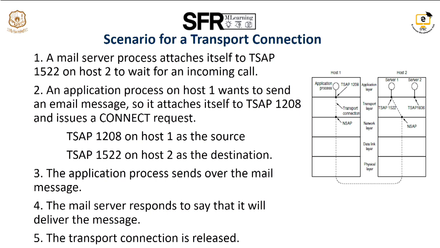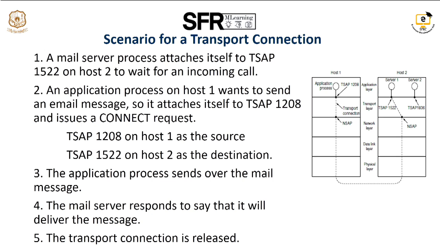Consider this scenario. First of all, a mail server process attaches itself to TSAP 1522 on host 2 to wait for an incoming call. How a process attaches itself to a TSAP is outside the networking model and depends entirely on the local operating system.